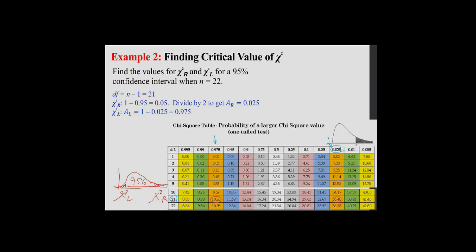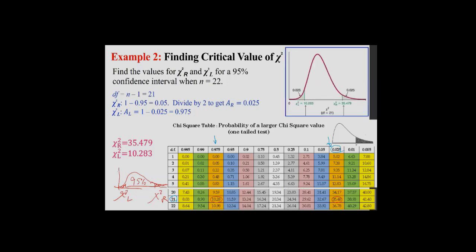Reading the table very carefully, class. Chi-squared of the right, chi-squared of the left, and this would be the graph. I hope it's straightforward. It is extremely important to be able to read the table very carefully.